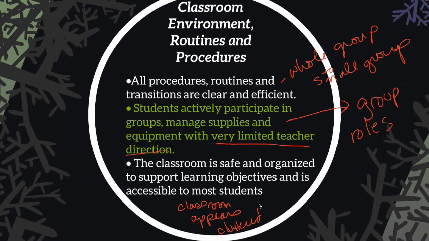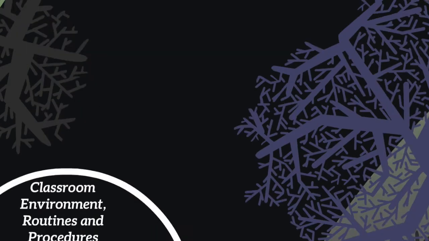But let's say your classroom is really cluttered and there's papers and books everywhere and trash on the floor. That might not be as conducive of a learning environment to meeting the objective. Plus, if it's cluttered, kids may not be able to find things, they may not be able to get to the supplies, they may not get to the other side of the room where their station is. So this is actually something that can really affect the student's learning, even the organization of your classroom.